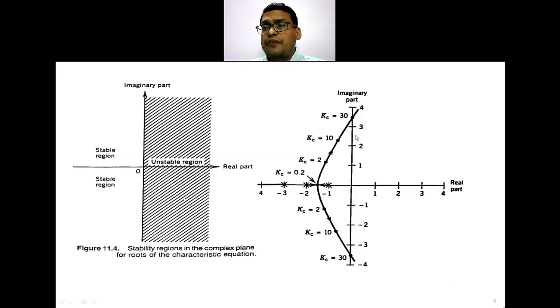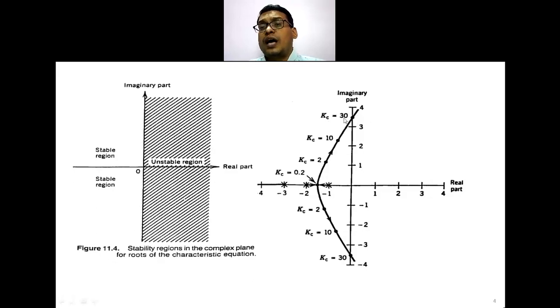Again the same graph, the imaginary axis and the real axis. The roots will follow a path. While the roots have negative values, the system is stable, but for different values of the steady state gain, the roots follow different paths by which they transit from the stable region to the unstable region.